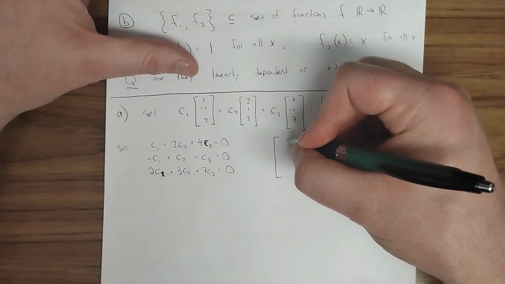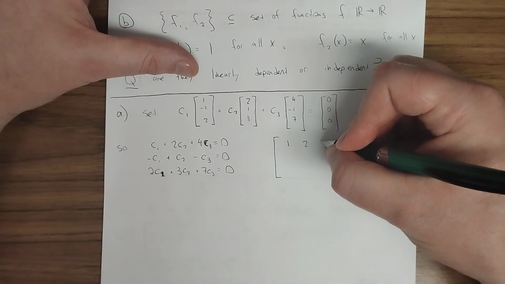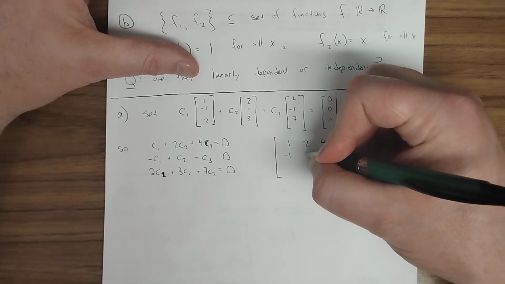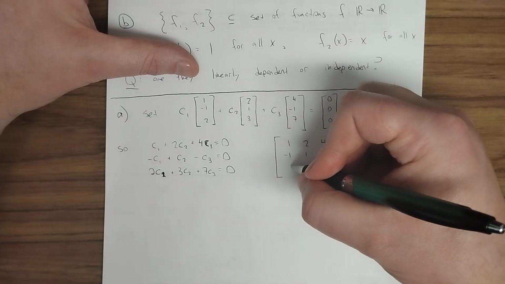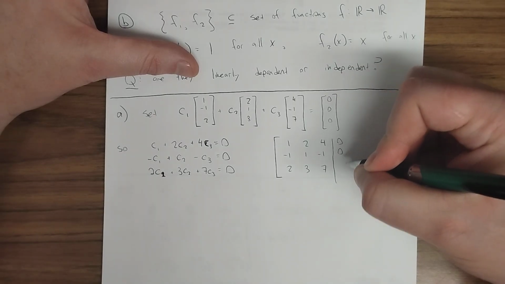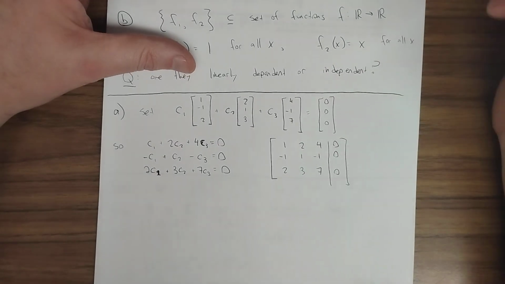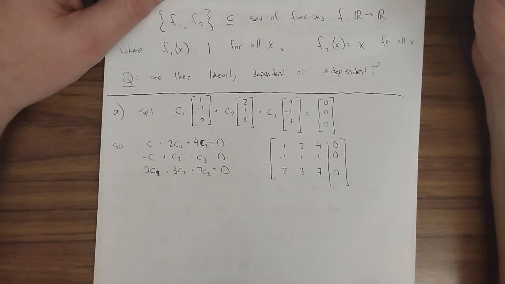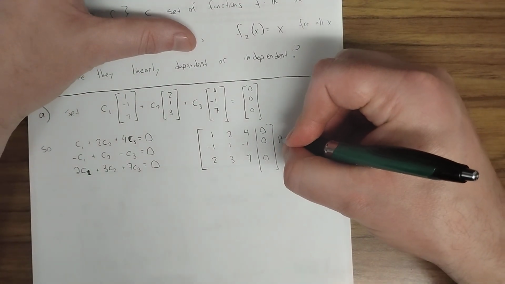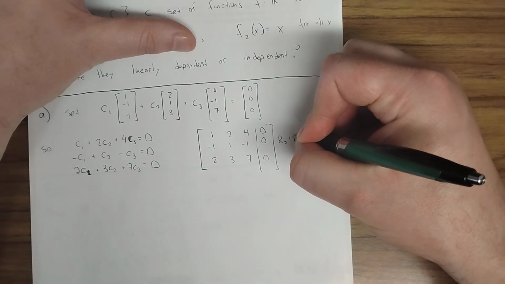Let me treat this. So C1, C2, C3 are like my variables. Let me treat this like a matrix. Okay, let me try to go fast and probably not end up going that fast.